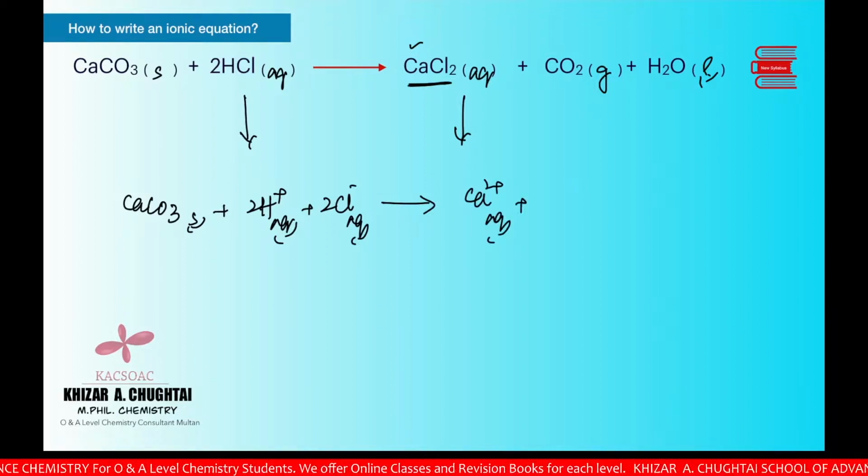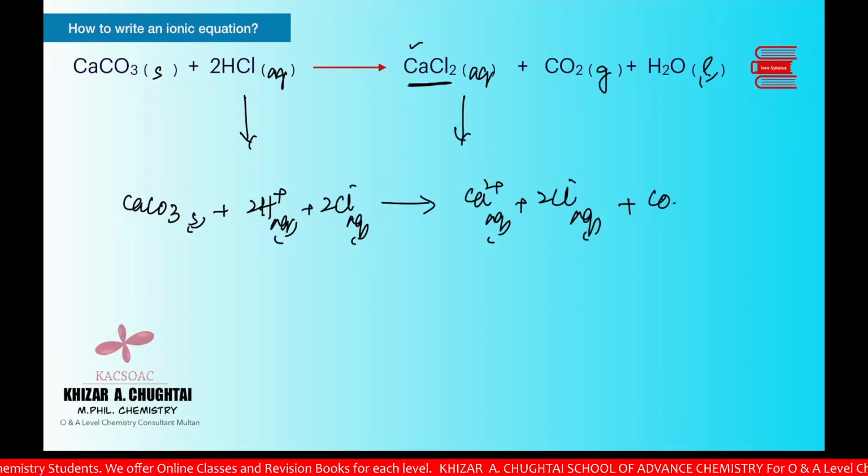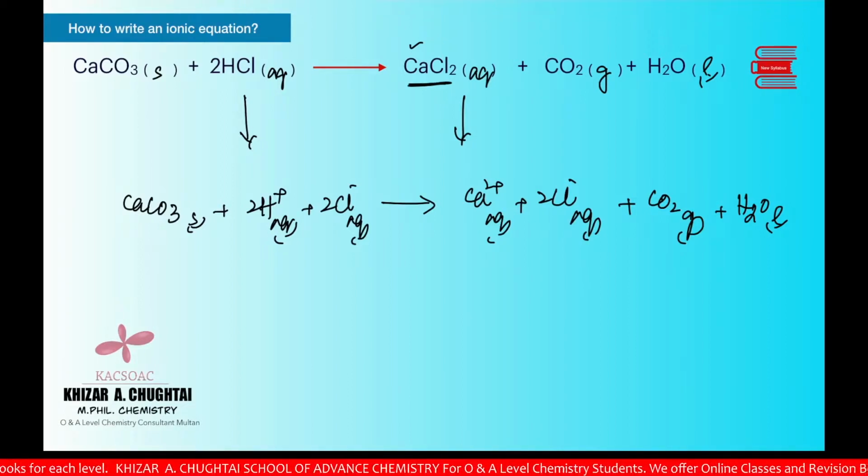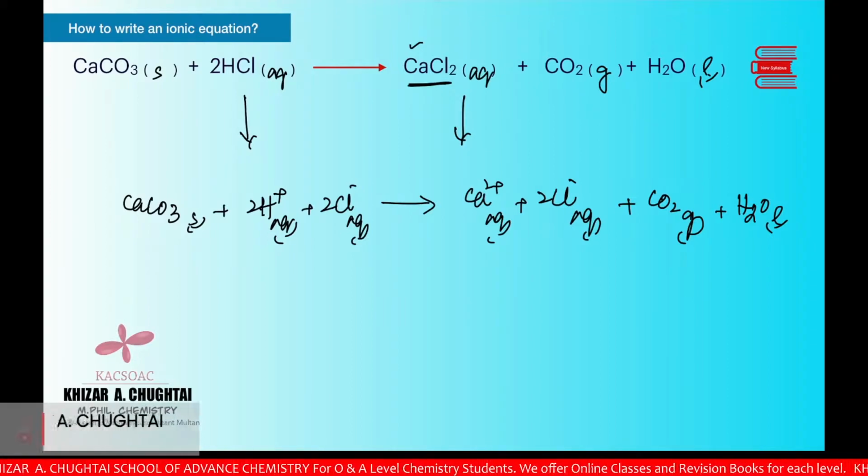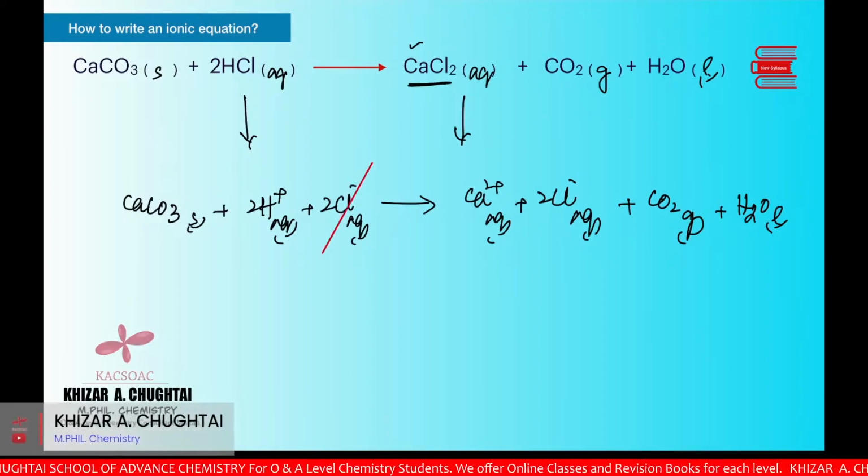It's soluble, CaCl2 is water soluble. 2 moles of Cl negative ion aqueous plus CO2 gas and H2O is the liquid. Now let's see what ions are the spectator ions. Only one, I think, if I'm not wrong. So I'm going to cancel out Cl negative ion that is present on both sides.